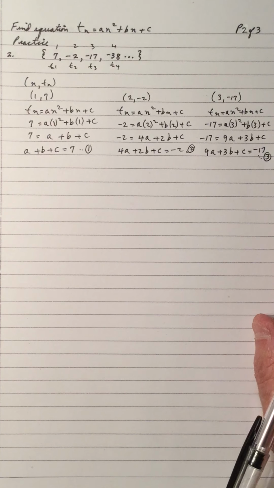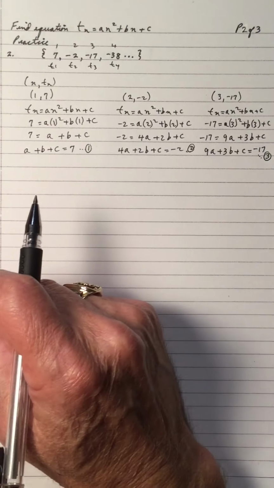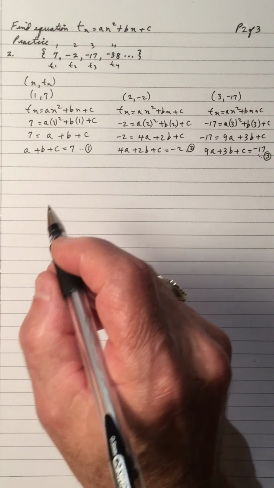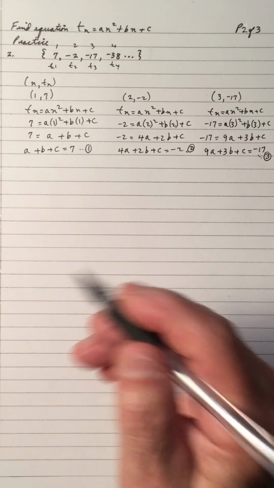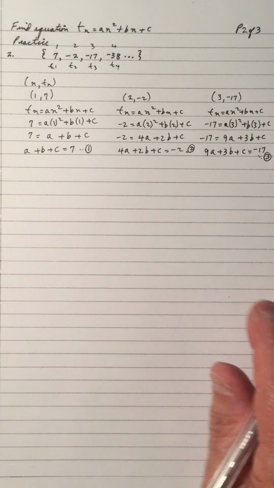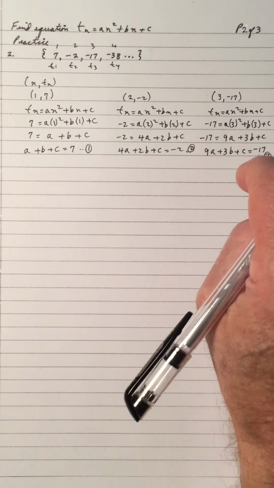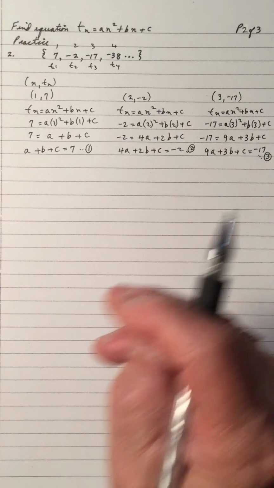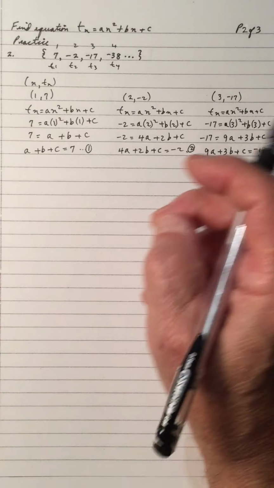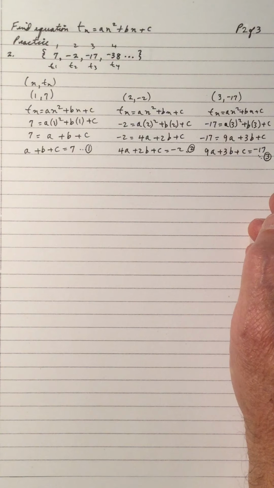Now, we have 3 equations with 3 variables. This is why this is going to take so long. The other time, remember, I found the A and plugged in only the 2 points to get the B and the C. But now I forgot that D2 was 2A, so I'm going to go the long way.